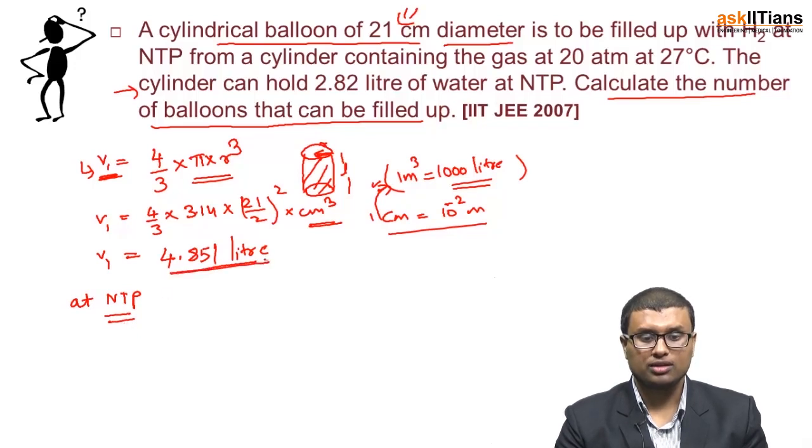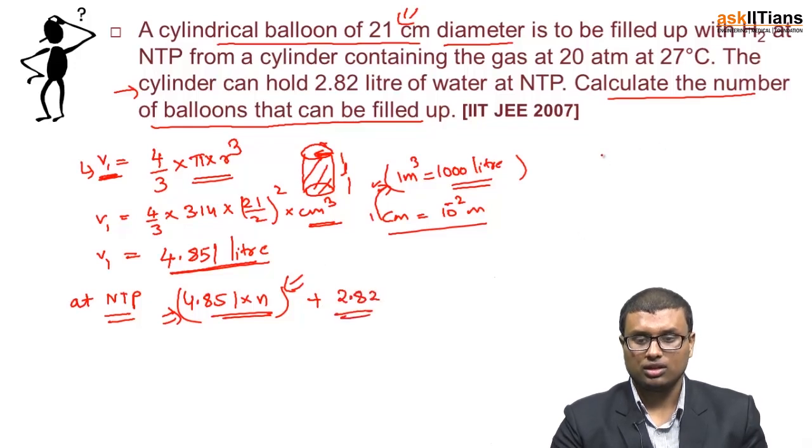The total volume is not only because of 4.851 into N, where N is the number of balloons, but also your 2.82 liters. Why? Because the volume of water is given as 2.82.